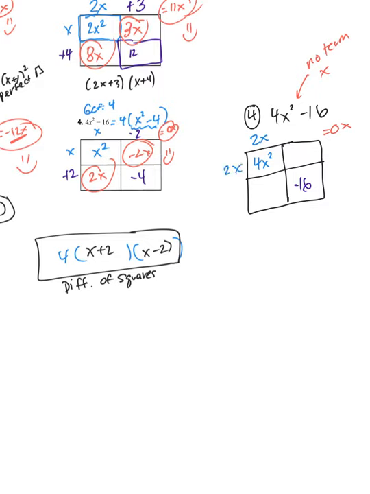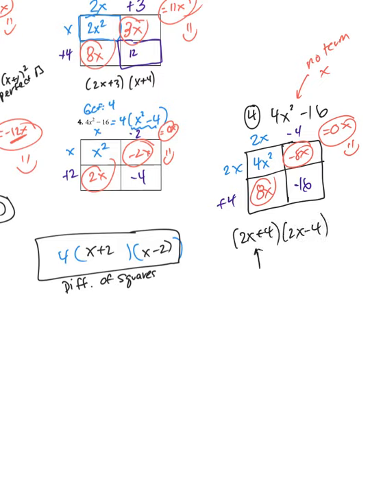And what multiplies to be 16? Either negative 4 and positive 4, or 16 and 1, or 2 and 8. And then I would have filled in this box to check 8x, negative 8x. Oh, look, this is 0. So it still works. But if I write my factors out, 2x plus 4, 2x minus 4.